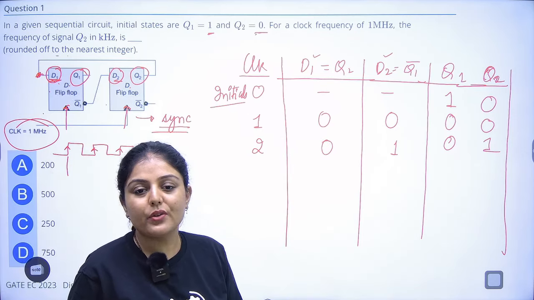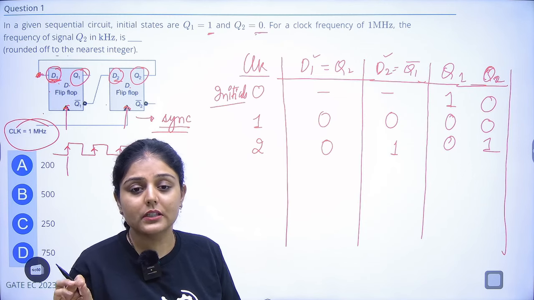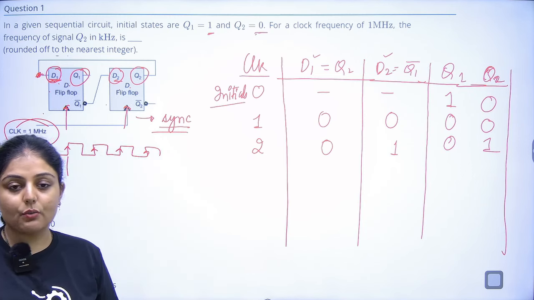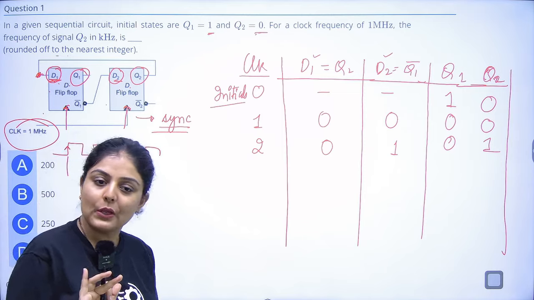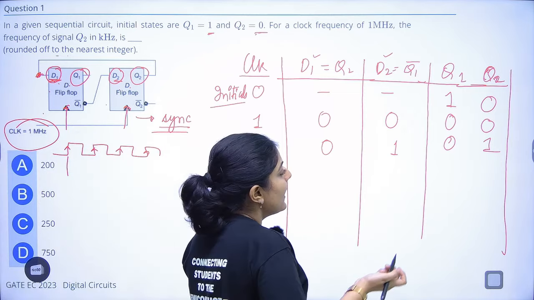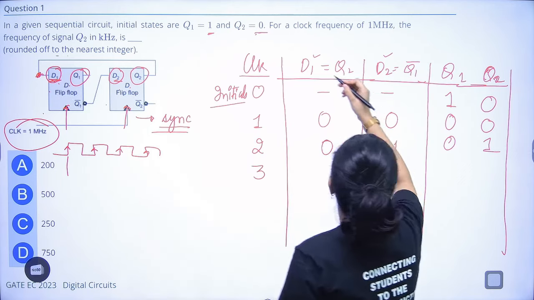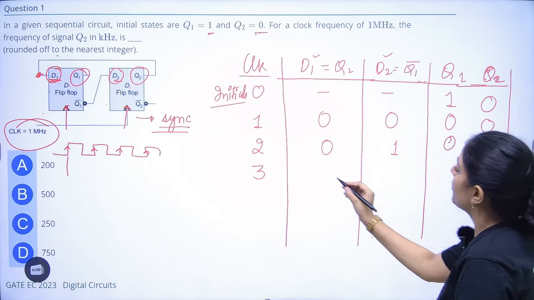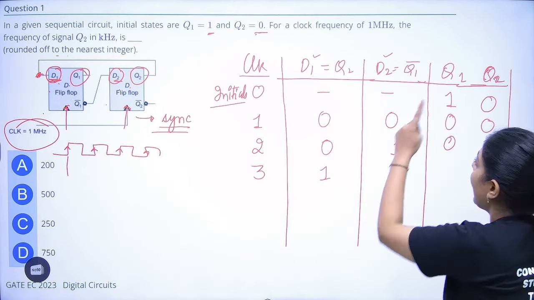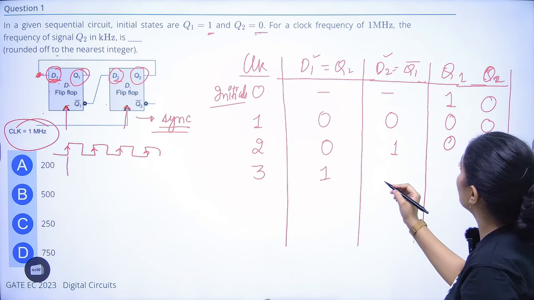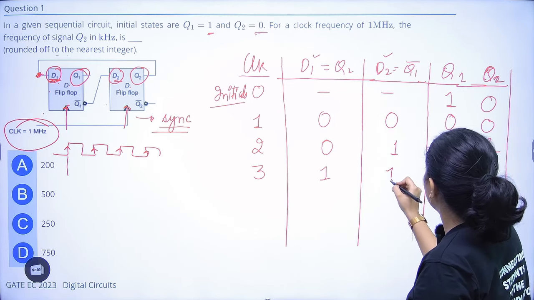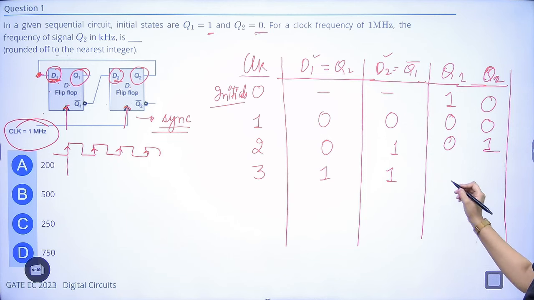When the input is equal to 0, output is also 0, and when the input is equal to 1, the output is also 1. It's that easy. When the third clock pulse comes, D1 is equal to Q2, so it is 1, and D2 is equal to Q1 bar. Q1 is 0 and its bar will be 1. Output will be the same.